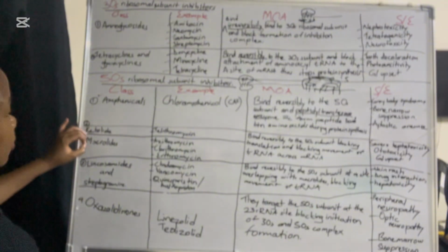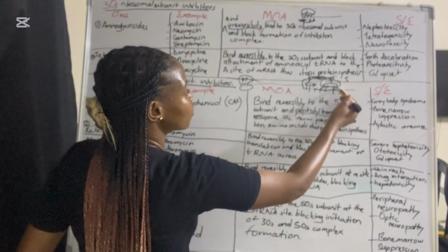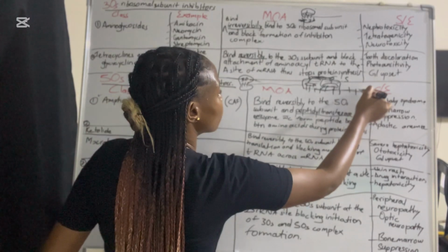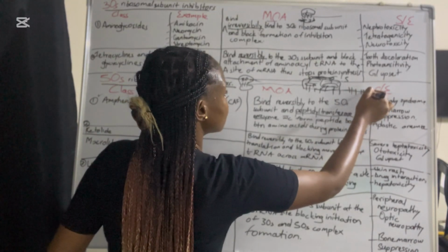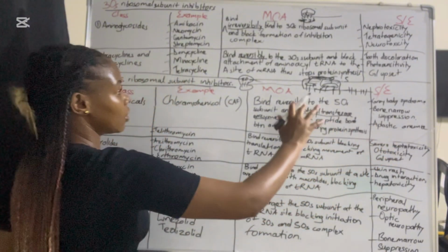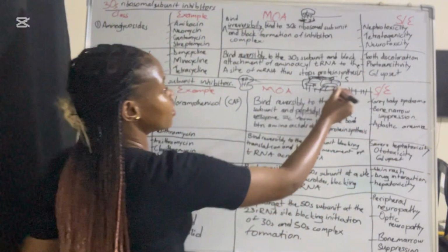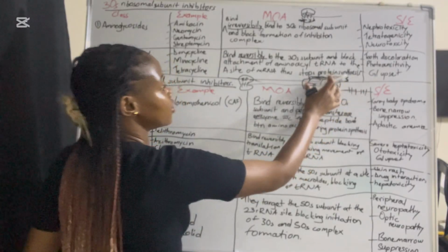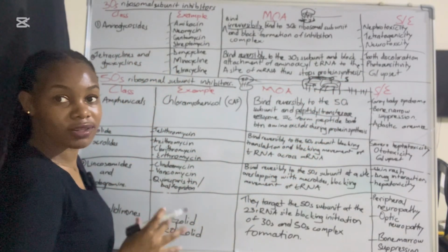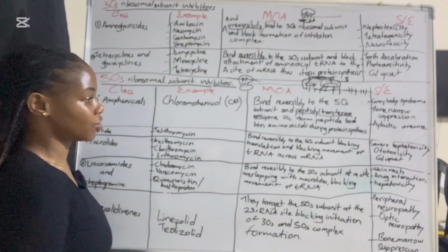These ketolides and macrolides are going to block the movement of this transfer RNA onto other codons. You get? How will they do that? By blocking this 50S ribosomal subunit from shifting. Remember, once the 50S is not shifted, even the transfer RNA won't shift.